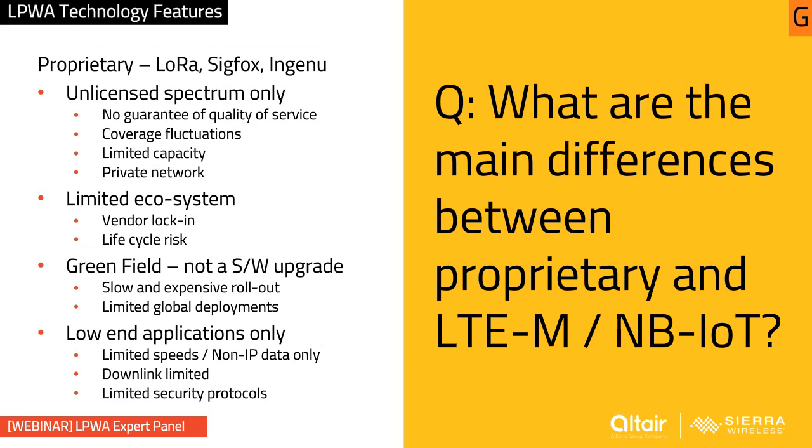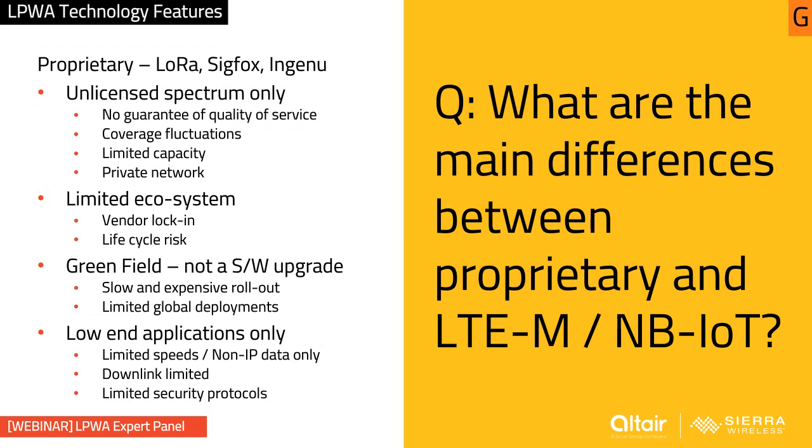And that's because the spectrum, of course, is used by many other people, and in general, the interference increases over time. So the performance that you see at deployment might be materially different, for example, five years later. There's also a limited ecosystem; by virtue of being proprietary, there's some point in the value chain where there's a single vendor.